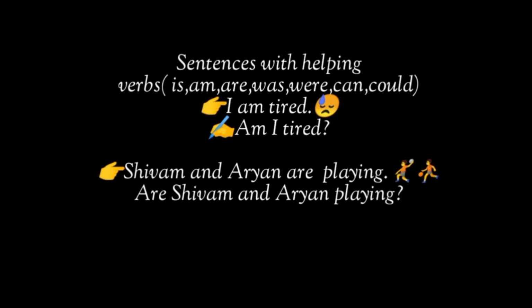That means are is the helping verb. We have to put are before the subject, that is Shivam and Aryan. After that, the main verb, and at the last, the question mark. So, the question is, are Shivam and Aryan playing?